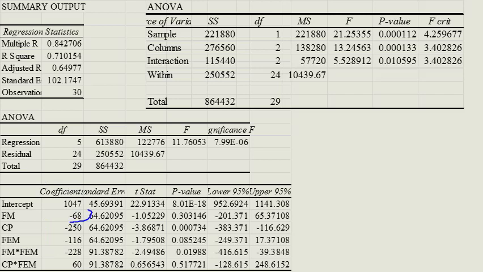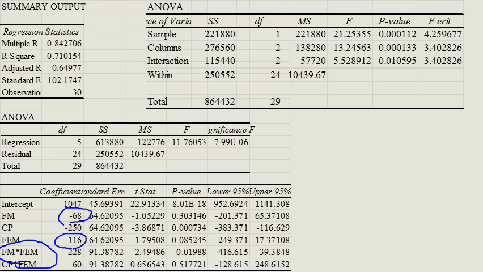So this -68 would indicate that financial managers make, on average, 68 less than pharmacists, and this -116 would indicate that women make, on average, 116 less than men. But we cannot just make statements like this, since these variables are all tangled together through interaction variables. We'll talk more about that in a minute.